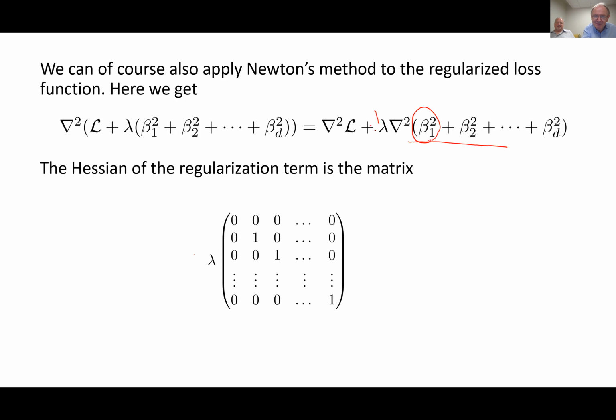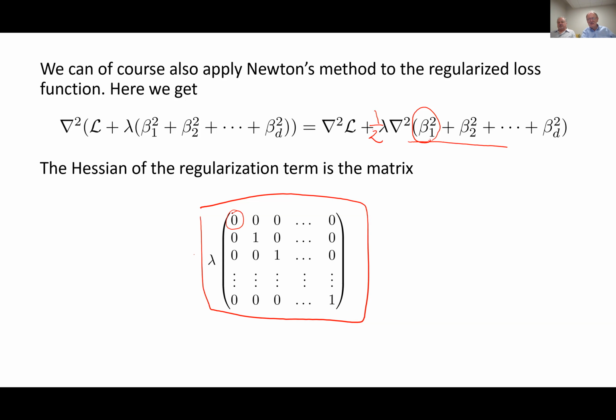That's why people prefer to put a 1/2 here. So the Hessian of the regularization term is just this matrix here. We left out the beta 0, so we get a 0. So it's just a matrix that has ones down the diagonal except for the 0 up here, and then you multiply it by lambda. So this is a very simple term.